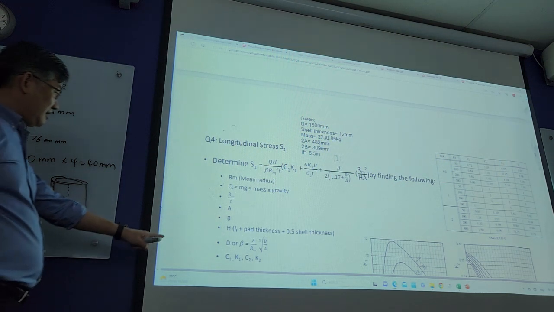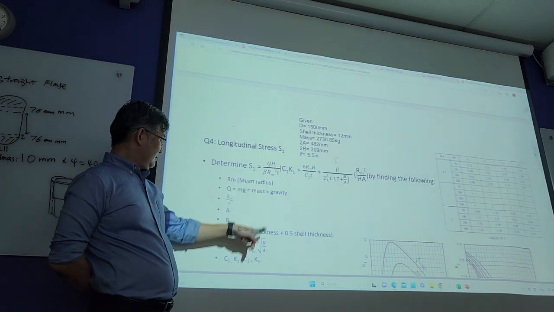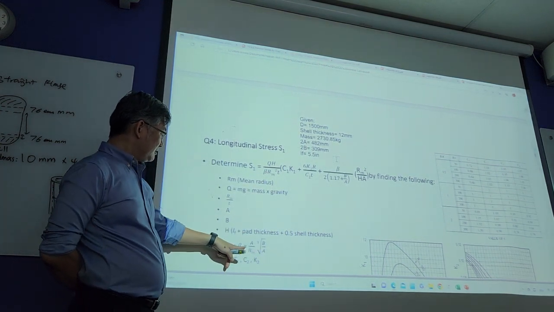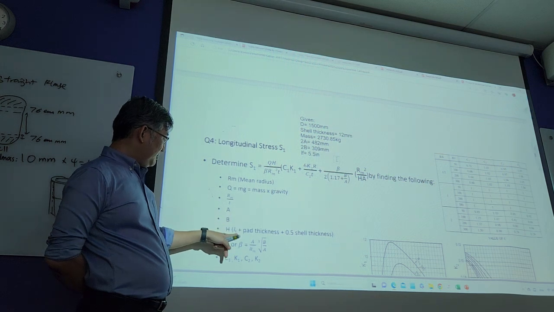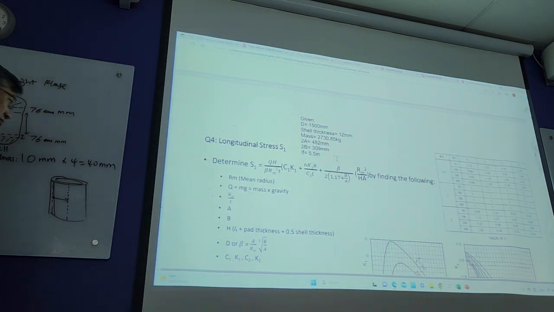For this D or beta, you have to apply this formula. When you find out A and B, you have to substitute them into the formula there.